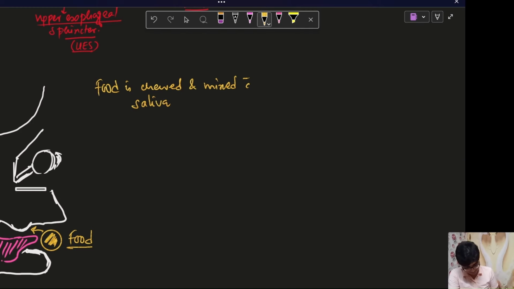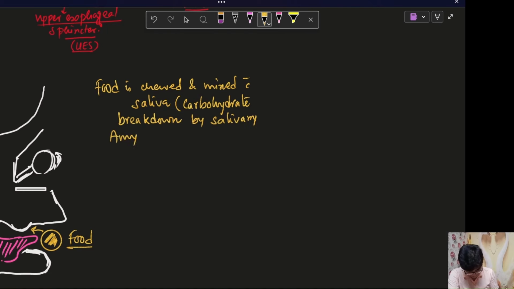Therein, the carbohydrate breakdown occurs by those salivary amylases, and the lipid breakdown also occurs by salivary lipases.